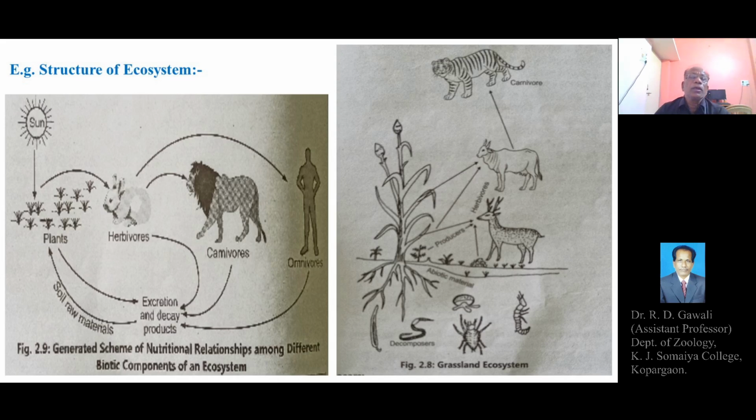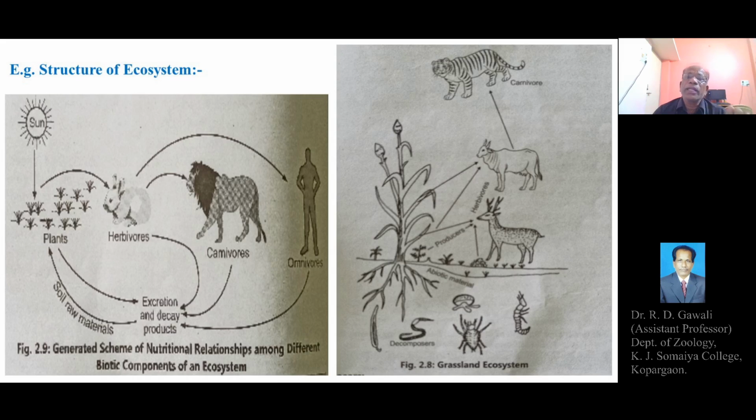So in the left hand side figure we can see the generalized scheme of nutritional relationships among the different biotic components of an ecosystem, representing producers, herbivores, carnivores, and the top carnivores, the autotrophs and heterotrophs, or the plants and different animals.